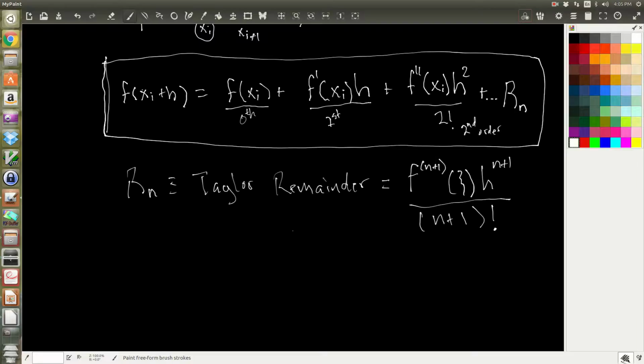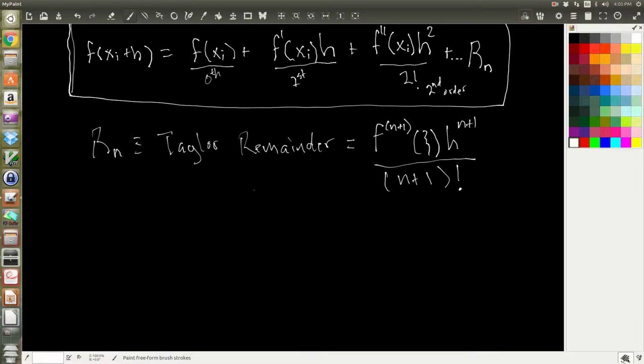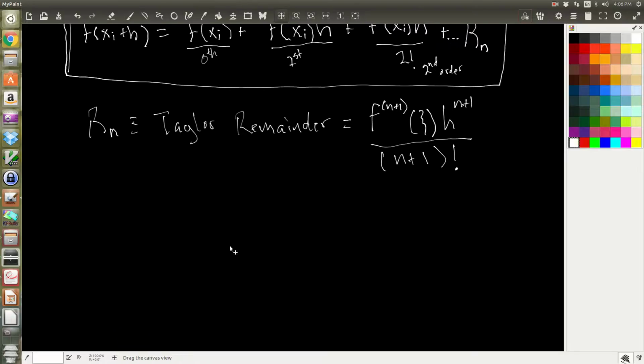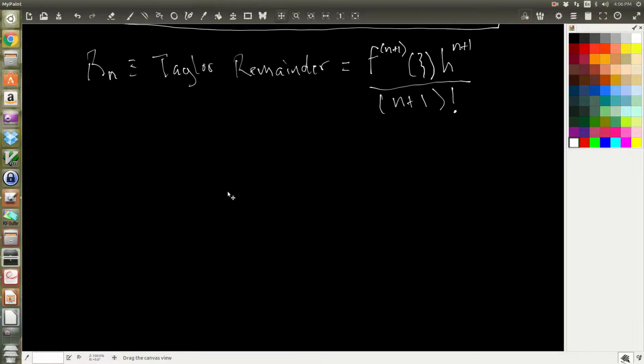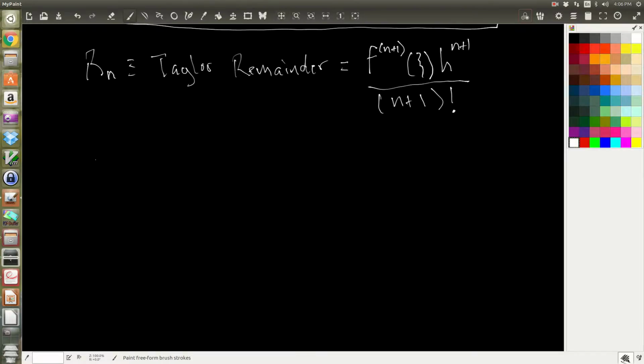That's what we want to answer next. What I want to do is show you how we can use a truncated Taylor series to come up with an approximation for the derivative, a finite difference approximation.